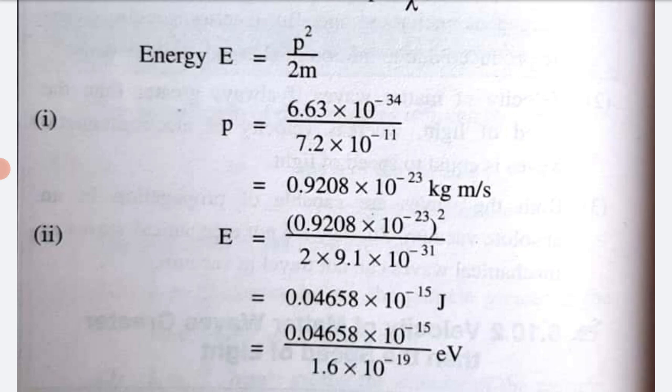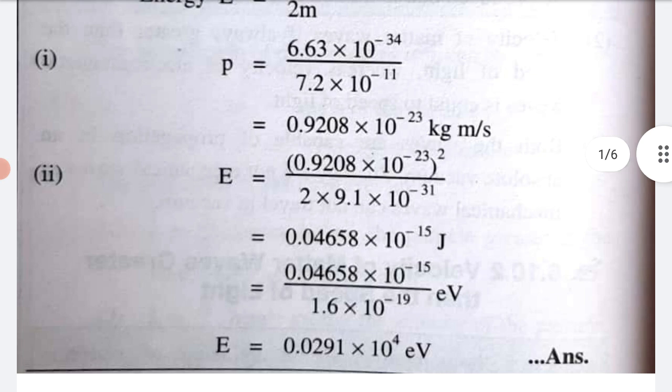The energy is converted from joule into electron volt, so 0.04658 into 10 raised to minus 15 upon 1.6 into 10 raised to minus 19 electron volt. Then energy is equal to 0.0291 into 10 raised to 4 electron volt.